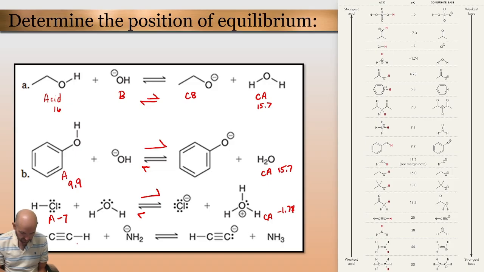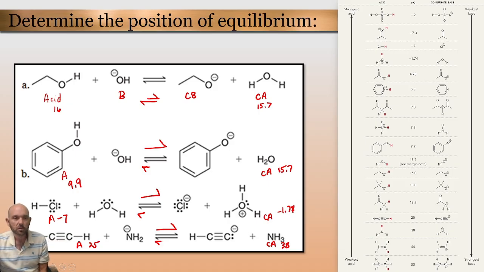So the acid here, acetylene, has a pKa of about 25. And on this side we have ammonia as our conjugate acid. Ammonia has a pKa of about 38. So in this case, again, the equilibrium would favor the products because equilibrium always favors the higher pKa.